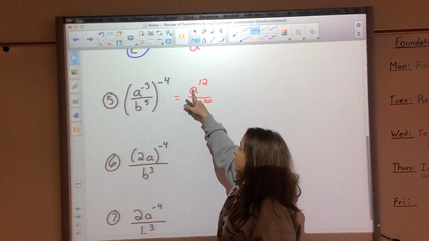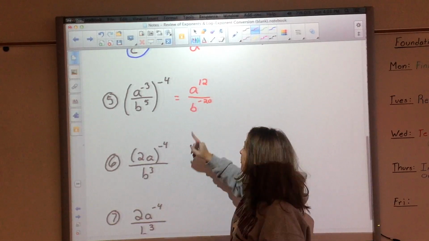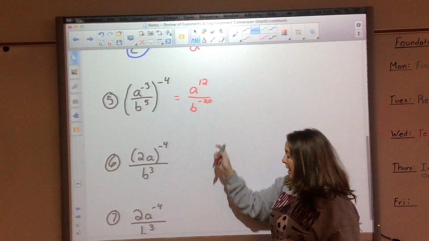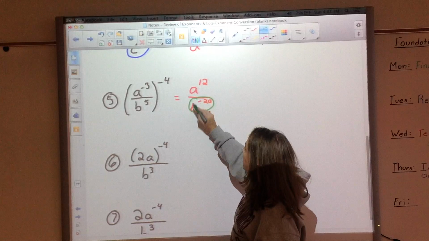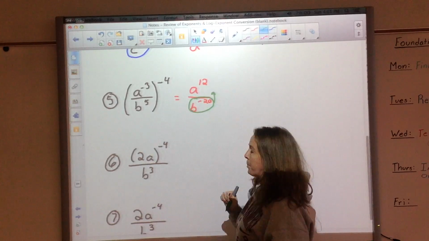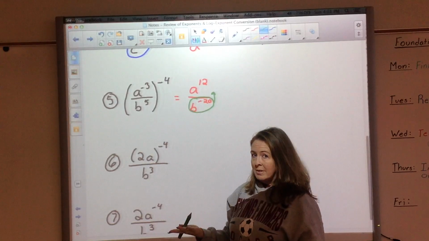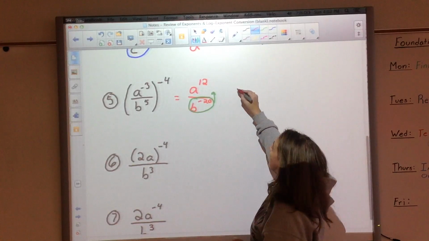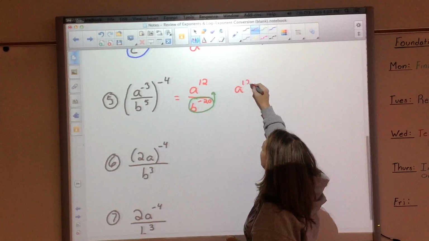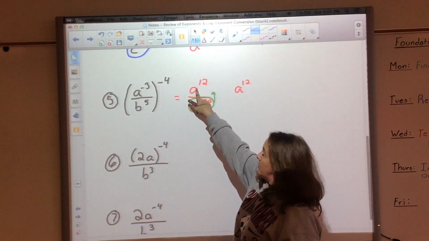Well, these are different bases, so they can't be combined. However, I have a negative exponent. And I know that with a negative exponent, that means I want to take this entire piece and I want to move it up, which when I do, it loses its negative, and then I would have just a 1 on the bottom. So I would have a to the 12th would stay on top because it does not have a negative exponent.